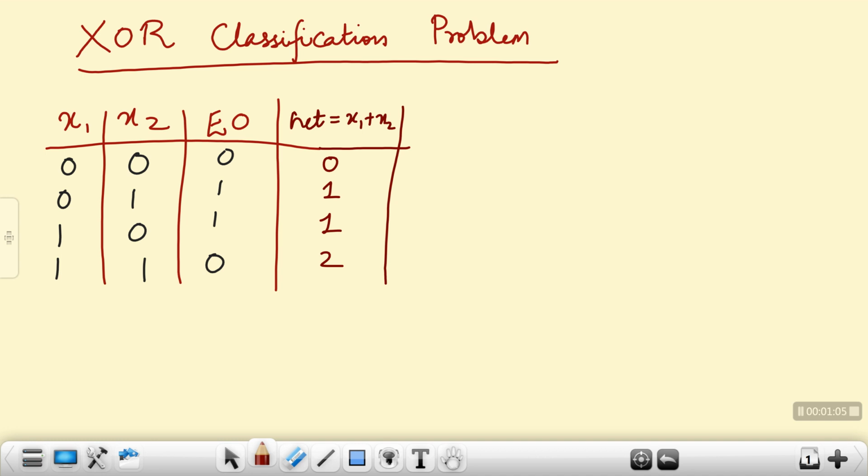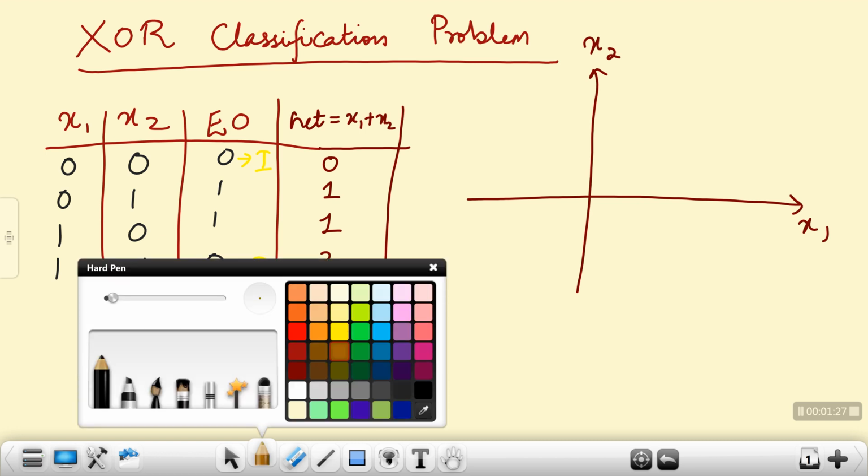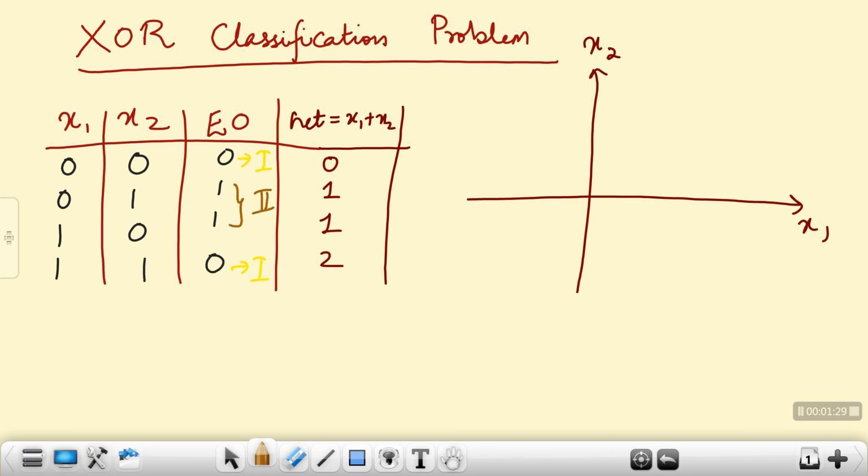If I show this on the x1, x2 plane, this is x1 and this is x2. Two classes are present. The 0 output belongs to class 1 and the 1 output belongs to class 2. AND gate, OR gate, all of these are two class classification problems which can be solved by using a single neuron.